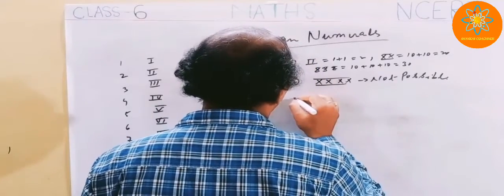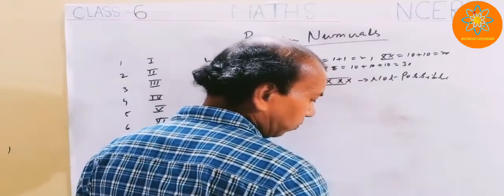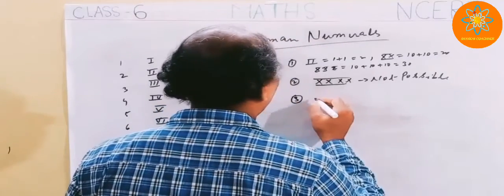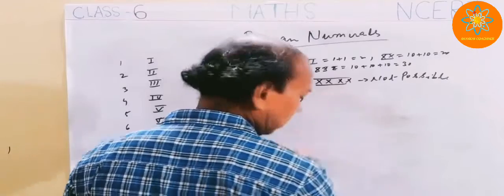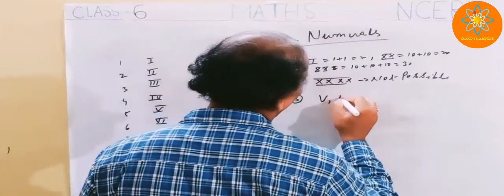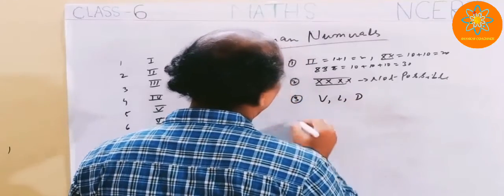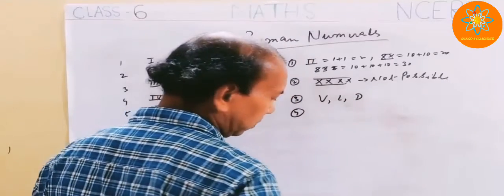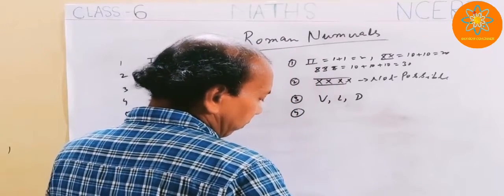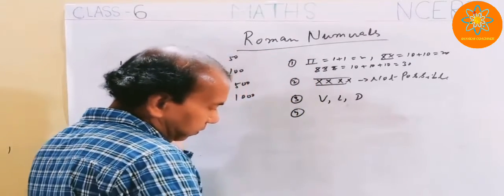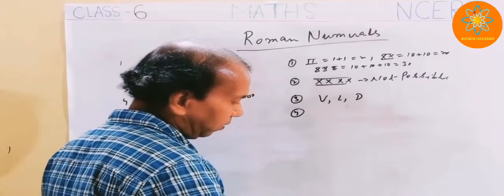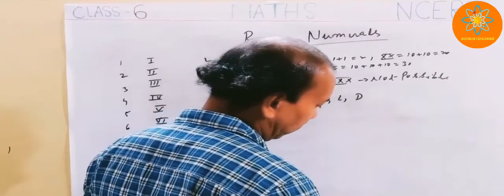The fourth rule is, if a symbol of smaller value is written to the right of a symbol of greater value, the value gets added to it.